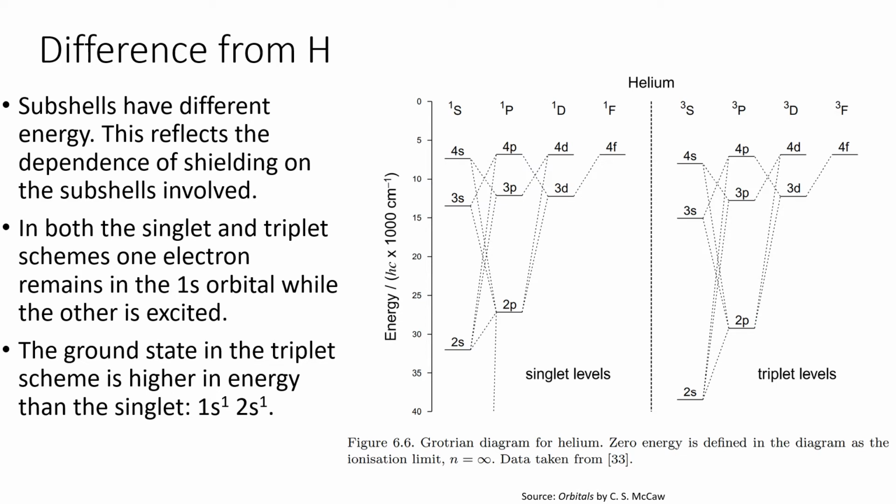Whereas in the singlet spectrum, we see there's a dotted line that takes us down from 2p down to the unwritten 1s on the left-hand side. So in fact, the ground state of singlet levels will just be 1s2.